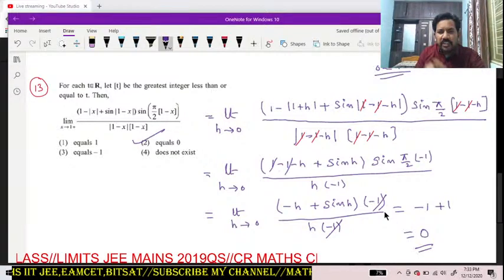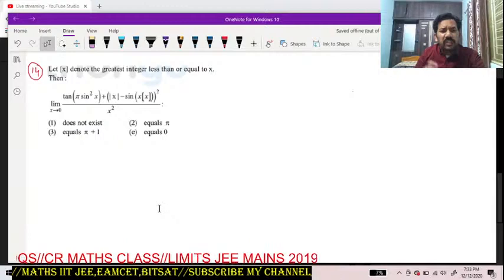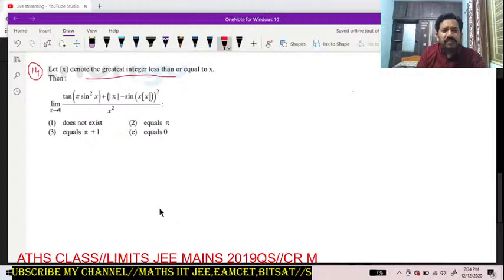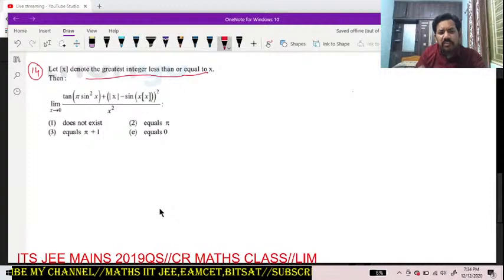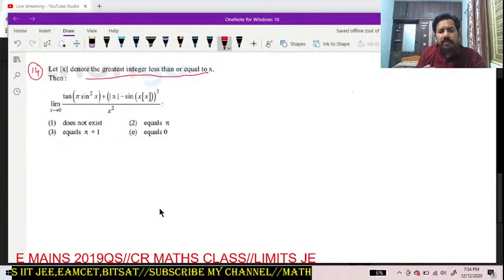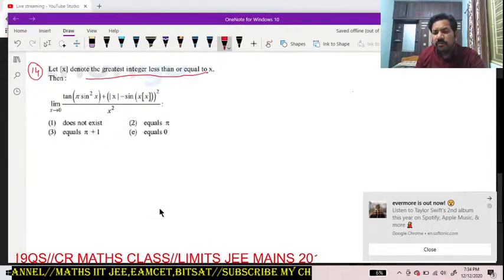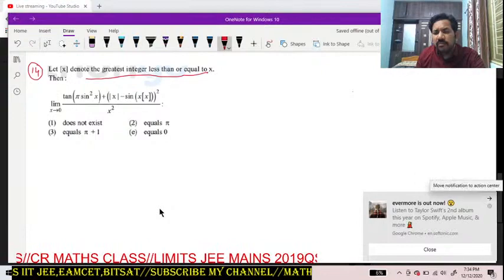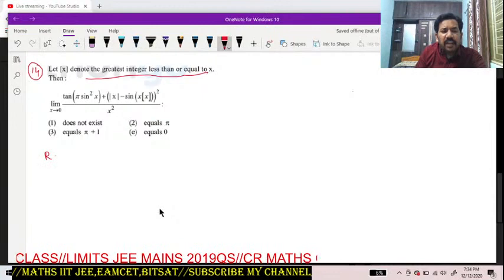So I am going to the next problem. See the next question. Here, step x denotes the greatest integer less than or equal to x. Limit x tends to 0, tan of pi sine square x plus mod x, step x is there. Mod x, step x, those types of terms are there, which means we can use right hand and left hand limits.